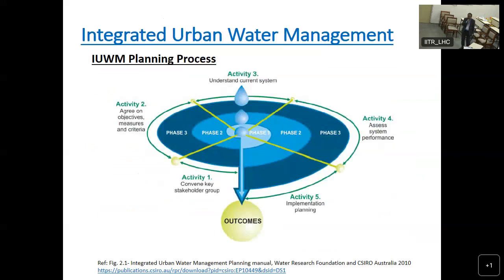So this is the diagram which you are looking at over here. This is the planning process, and this is one type of framework. It's not the only framework; there can be a number of frameworks for developing integrated water management systems. But this is one which was developed for this documentation, for this report, which I'm covering over here, but I will be covering a few more.